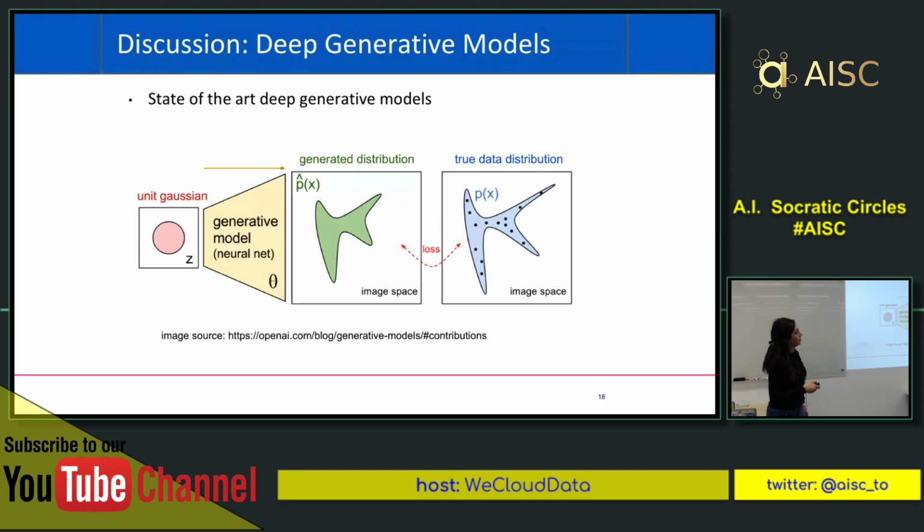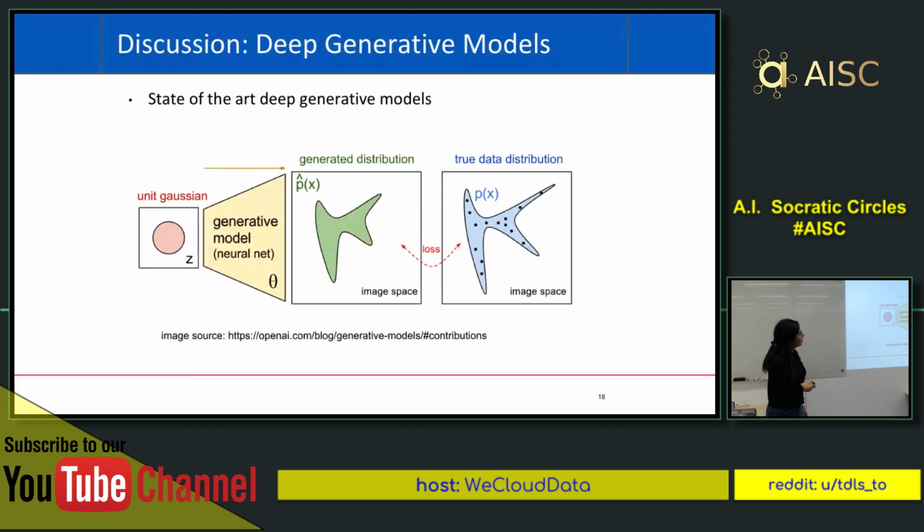For example, these are the regions that we believe our data points belong to. I got this from the OpenAI blog on generative models, which has a very good review of the three main approaches that are out there, to find these theta parameters that give me the true distribution.